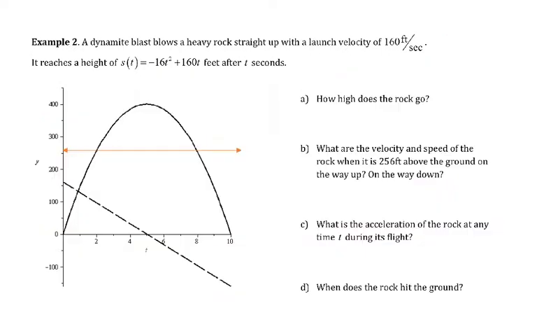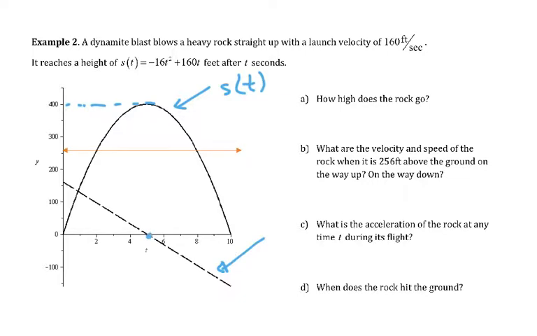Okay, what we're going to do is look at the graph and just see if we can make sense of this. This is the position function. And you see there's the maximum height. It went up to 400 feet. What do you think this is?